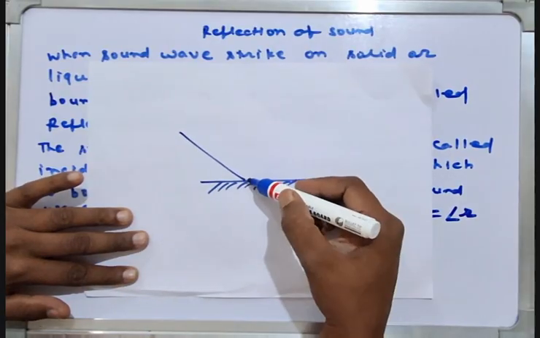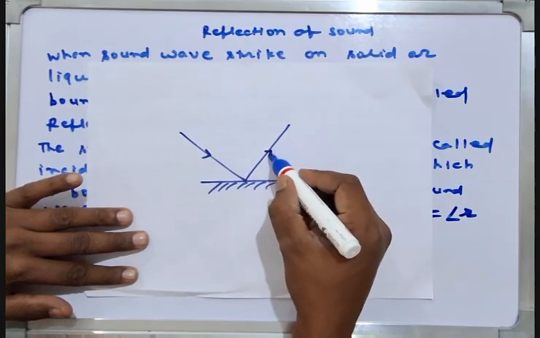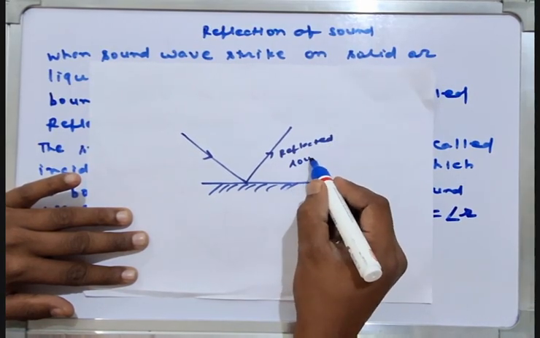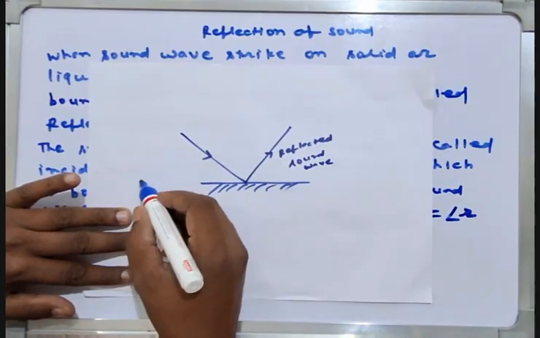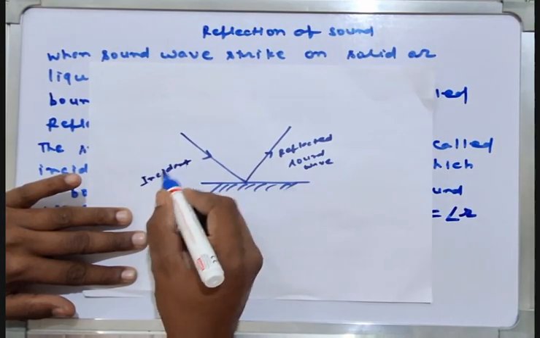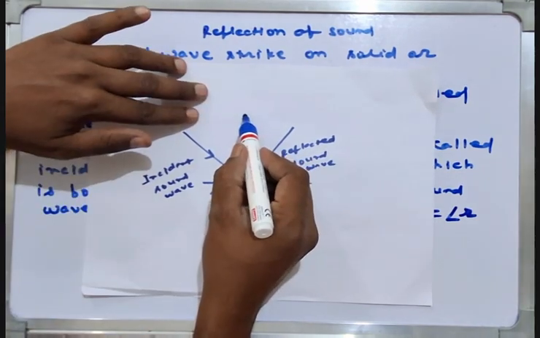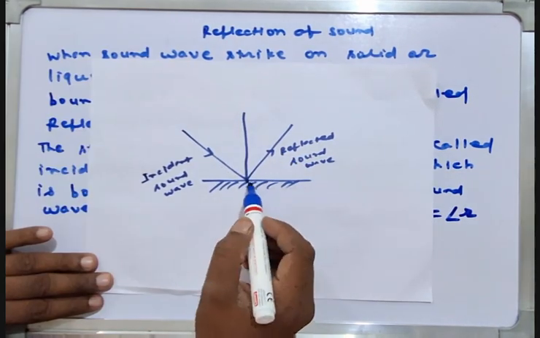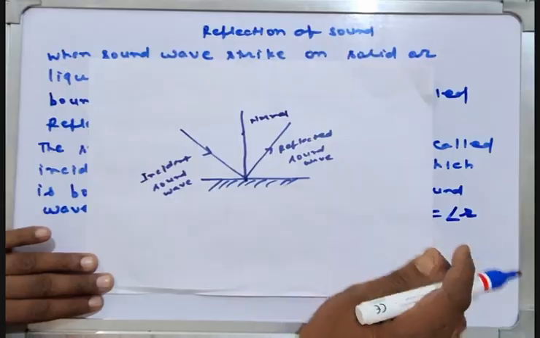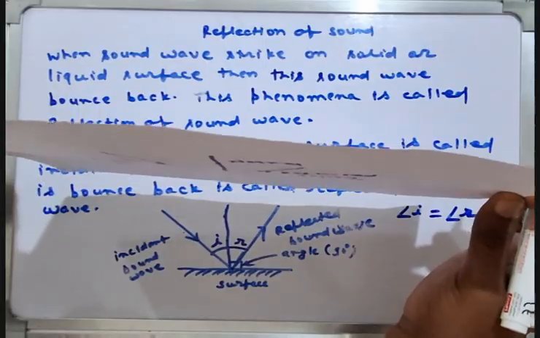Now this one is the incident sound wave, and this one is bounced back, or you say reflected sound wave. Now this one is normal. So what you see, all these are lying in the same plane.